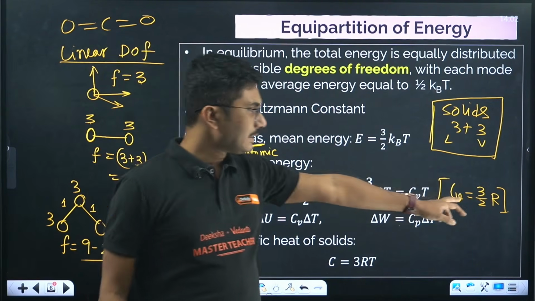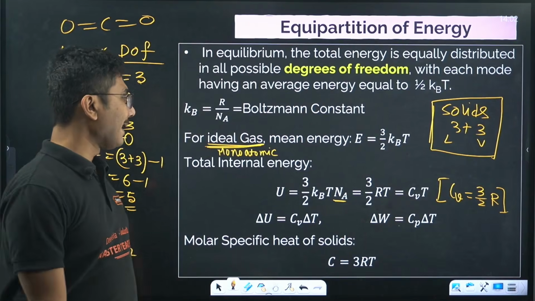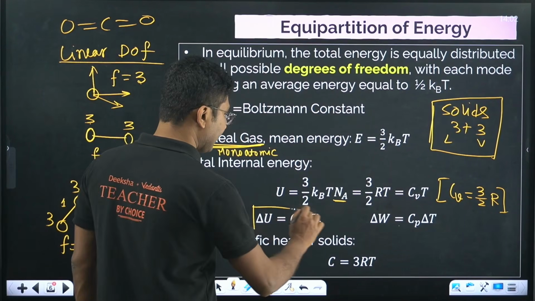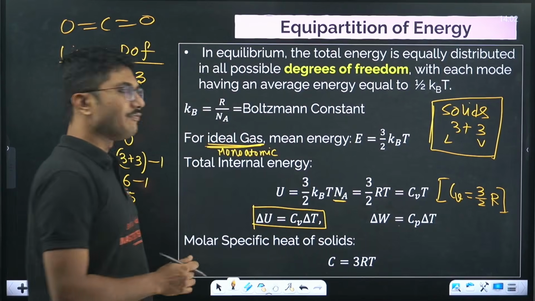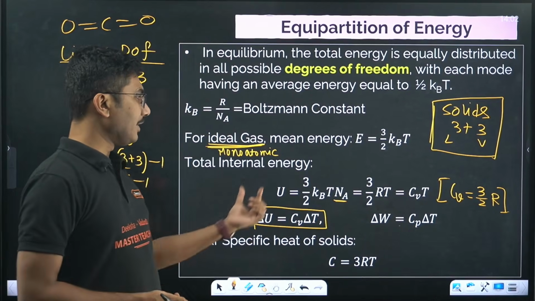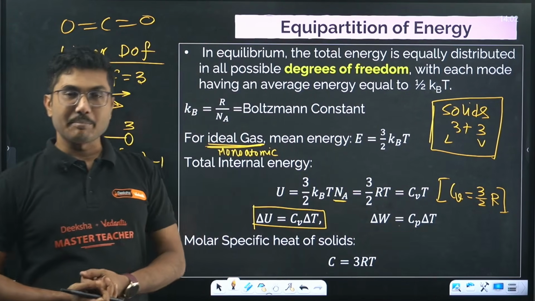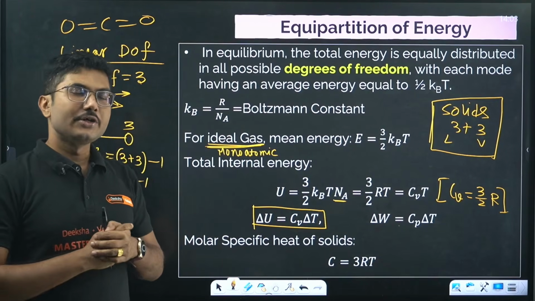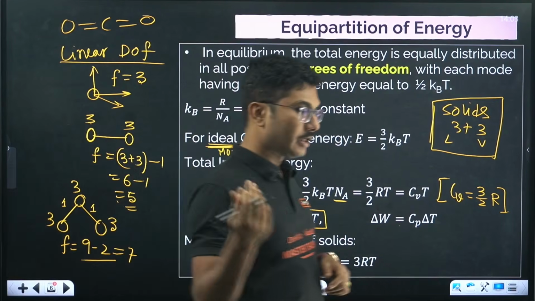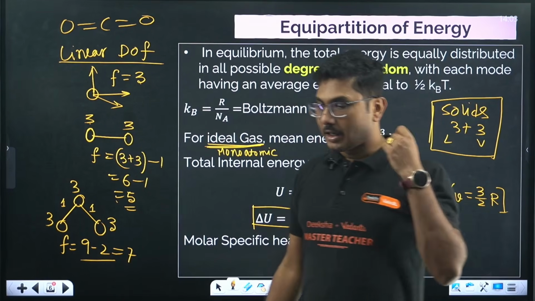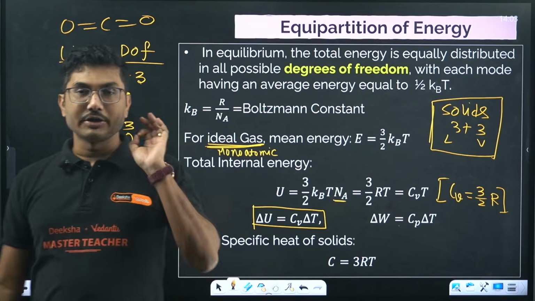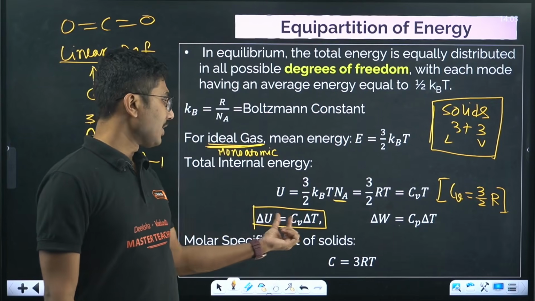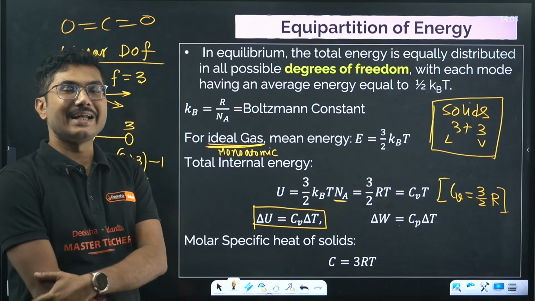Change in internal energy, very important, can be written as CV delta T. Change in internal energy depends on the change in temperature. So if you change temperature, then only internal energy changes. In the thermodynamics chapter, I told you that internal energy depends only on change in temperature. So it will be CV delta T.